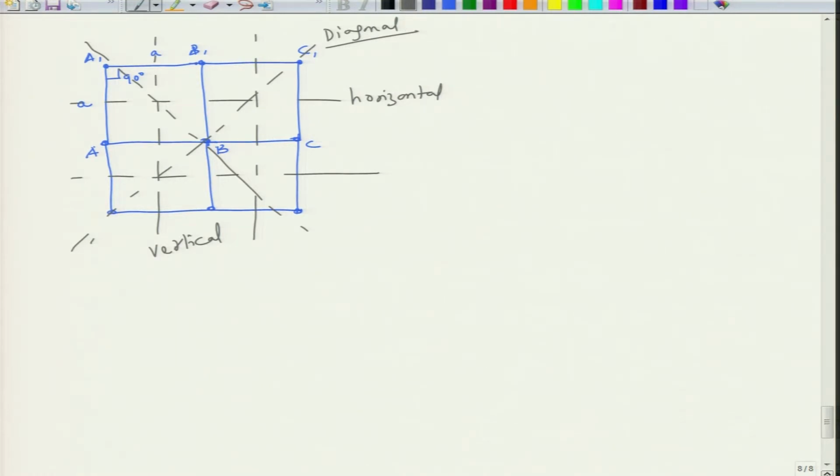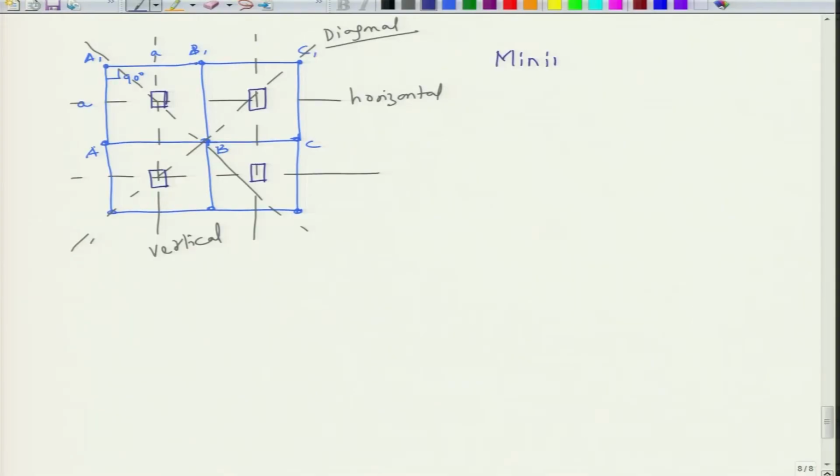Now another thing that is possible is what will happen if you rotate it, for example, at this point by a certain angle. If this is a square shaped body, we can bring this into self coincidence only if we rotate it by 90 degrees. Of course, if you rotate it by 360 degrees, it will come into self coincidence.